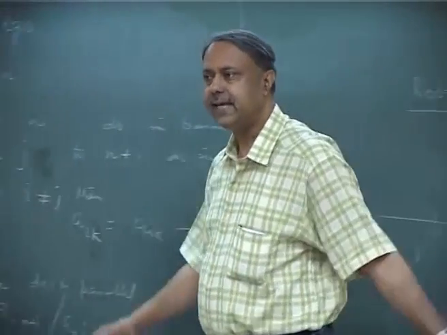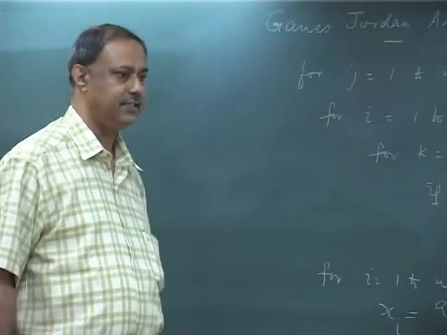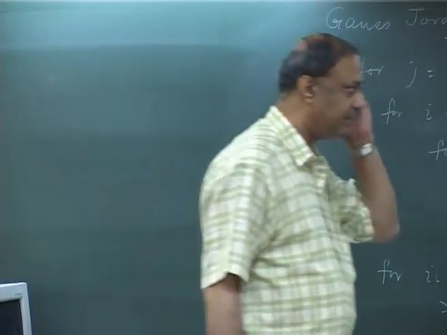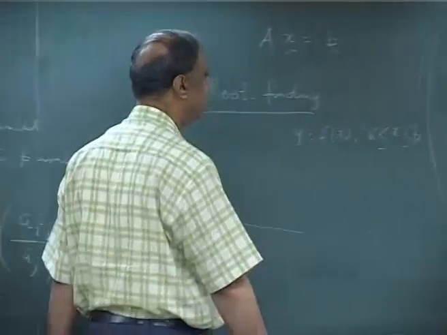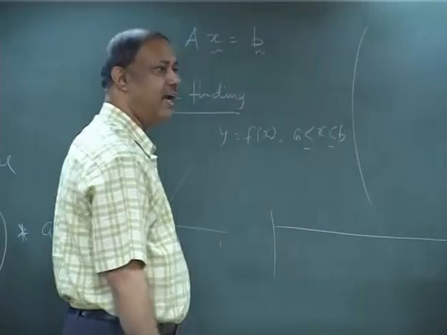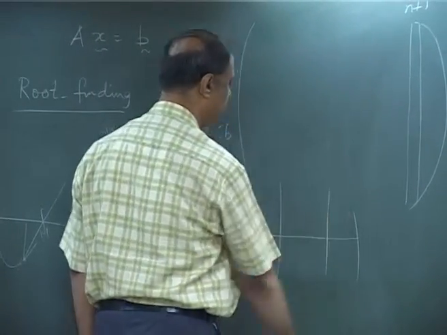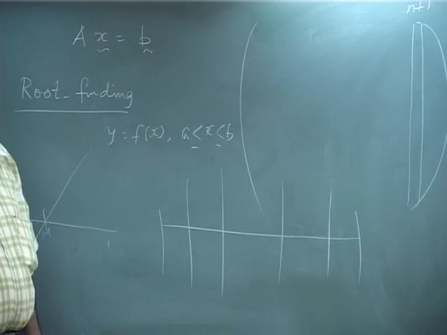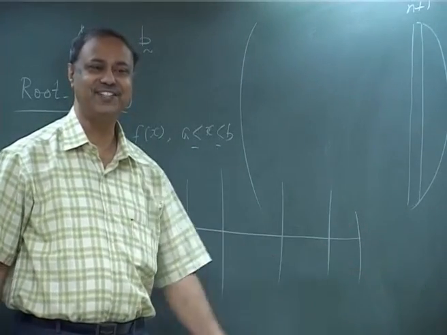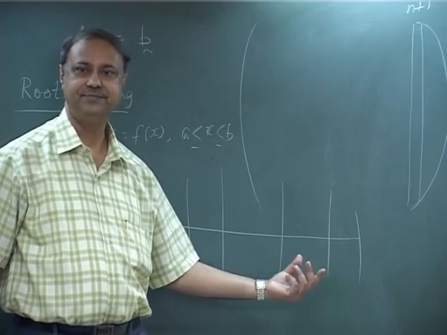Now, this algorithm can easily be implemented on a parallel machine, even though you feel that it is sequential in nature. The simple thing is that you have A and B, and suppose you have n processors, so you divide into n groups. You assign one group to one processor, and it finds in which zone the root lies.